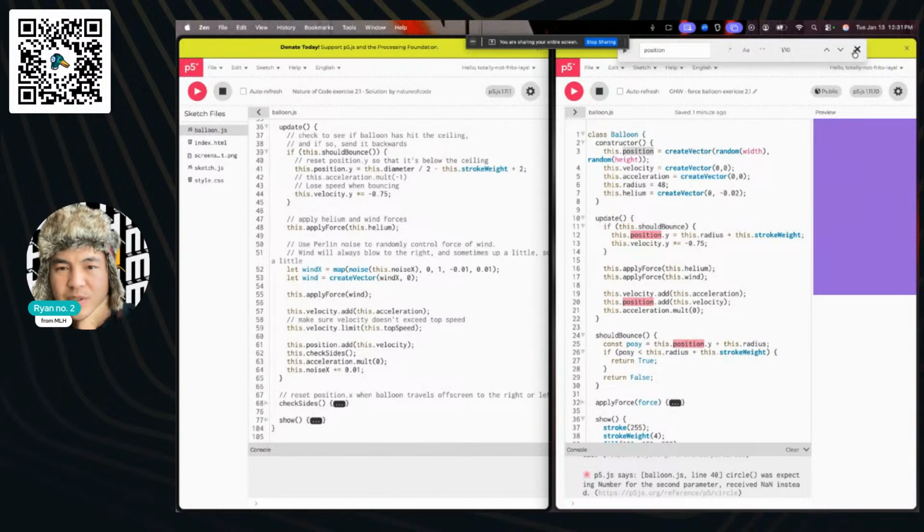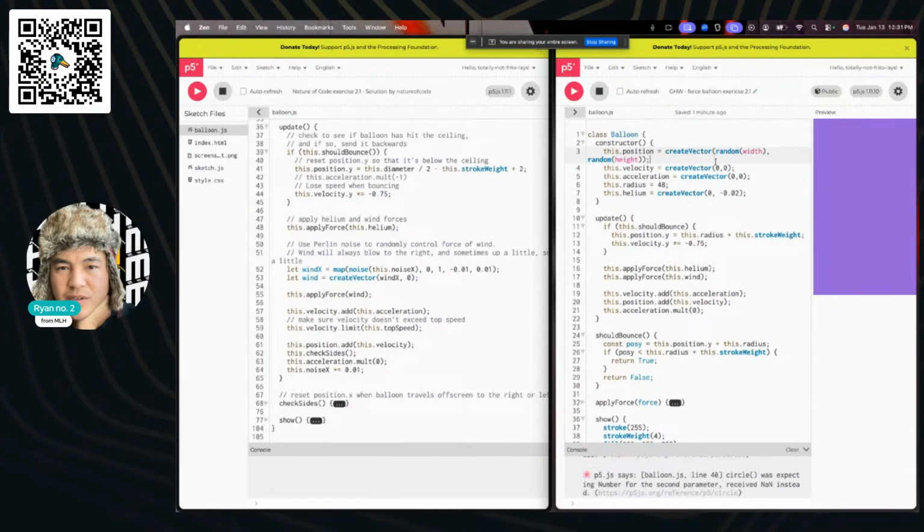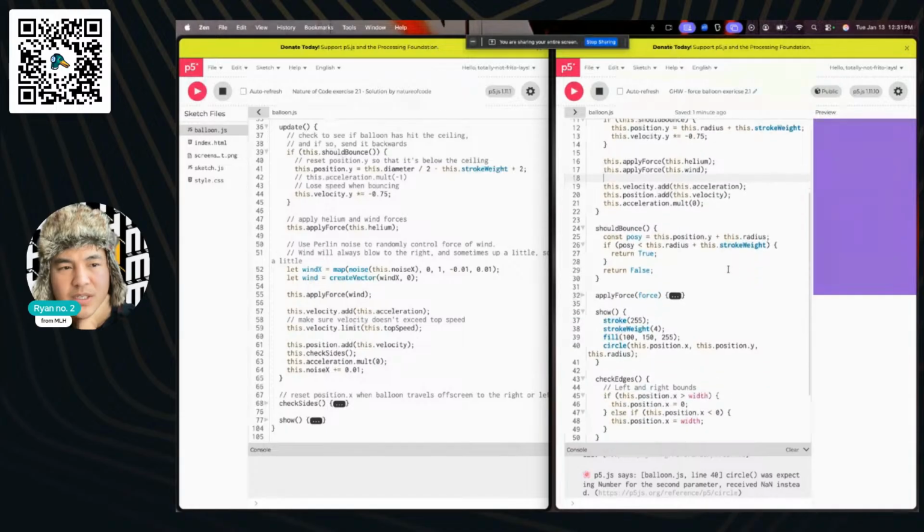Random width, random height. So it should be given an actual value. This dot should bounce. This dot helium, this dot wind.